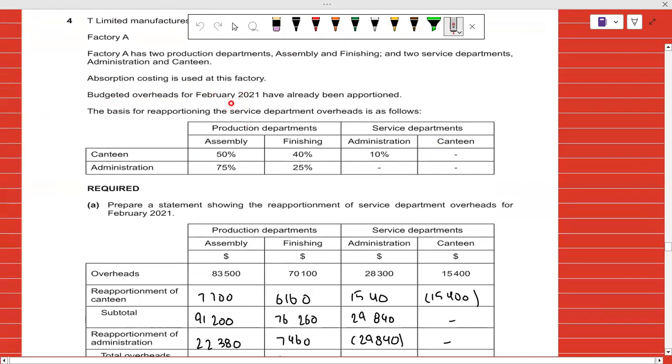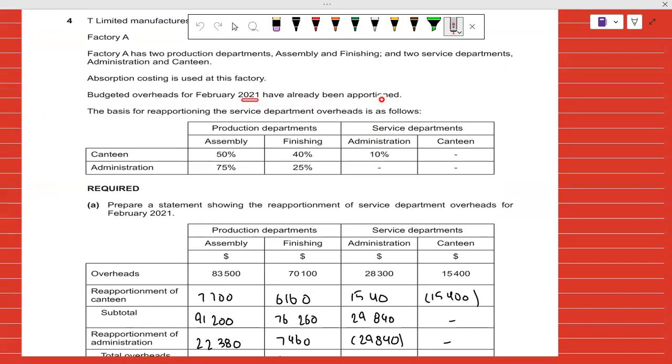Budgeted overheads for Feb 2021 have already been apportioned, and the basis of reapportioning the service department overhead is as follows. We have production departments and service departments, administration and canteen, and we have to reapportion the overheads of both service departments.